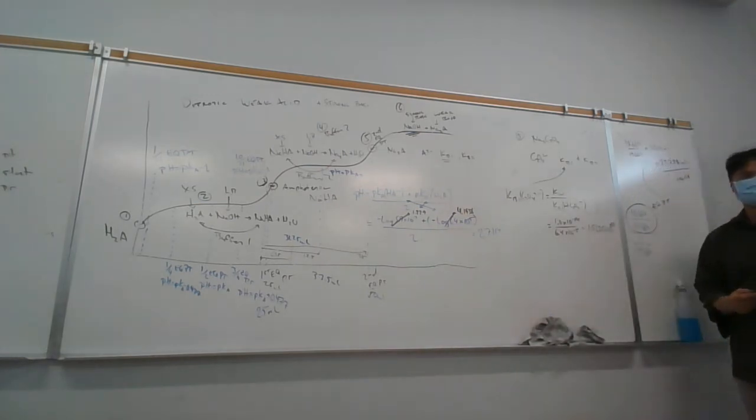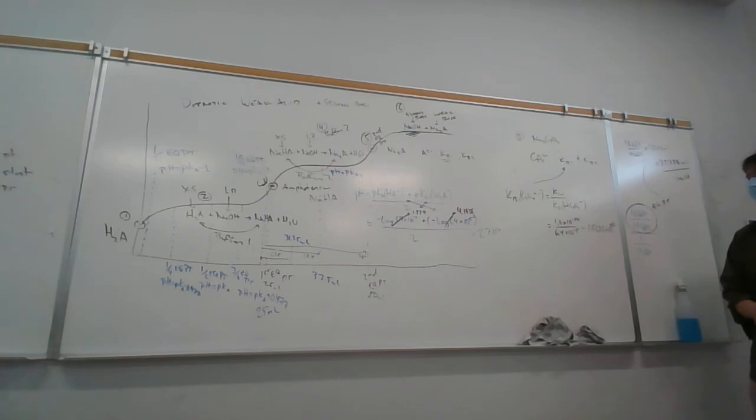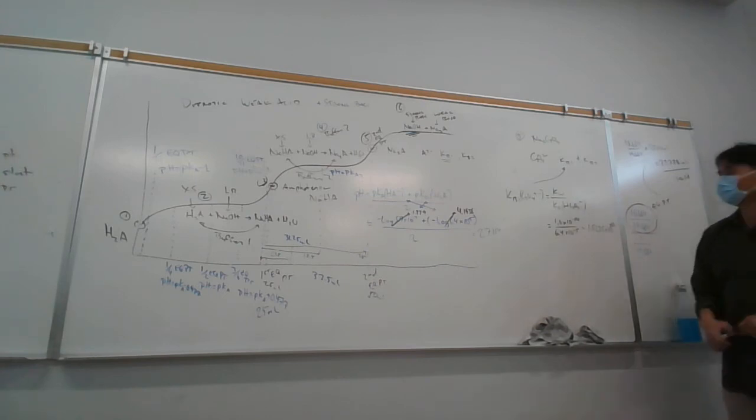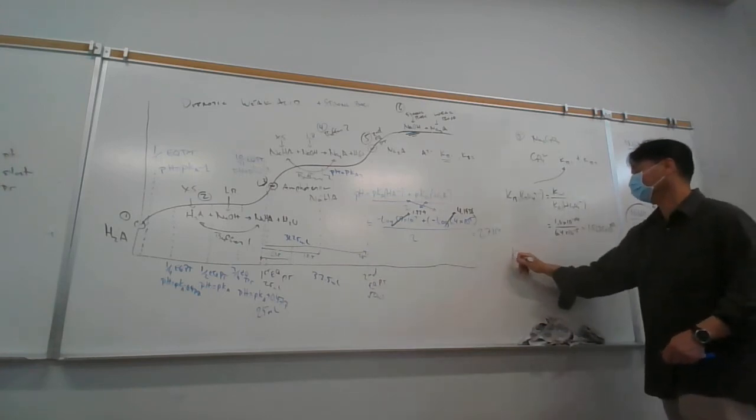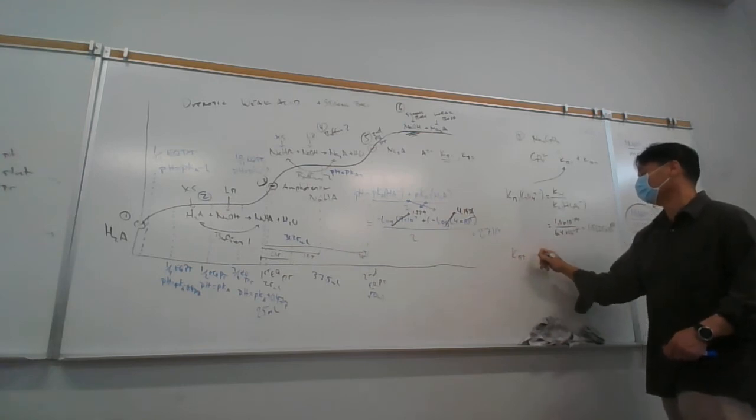When you look at that, 10 to the minus 10, would you say it's pretty weak? I'd say it's pretty weak. In fact, I don't think Kb2 is going to be very significant.